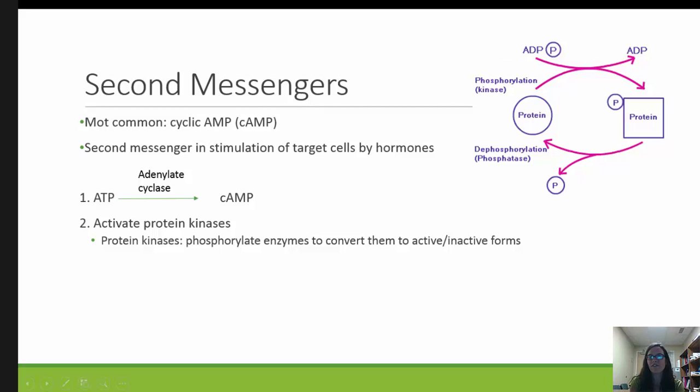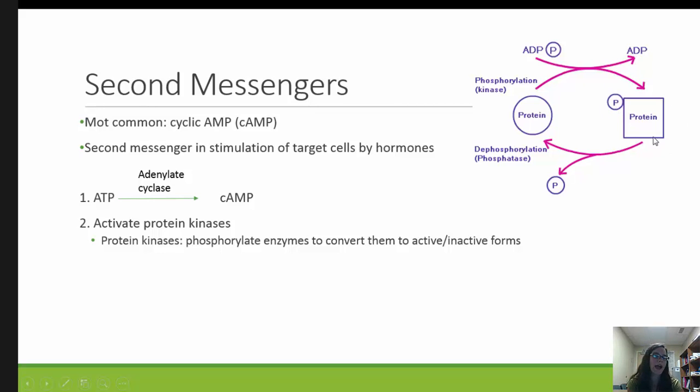Here's a very generic example of a kinase that is phosphorylating. A protein encounters a kinase. The kinase adds a phosphate onto the protein. So when you see kinase, think it's adding a phosphate onto the protein, and that phosphate comes from an ATP, which then becomes ADP.